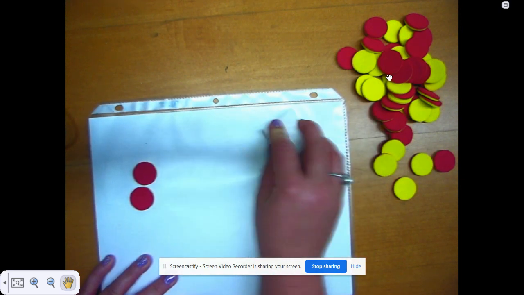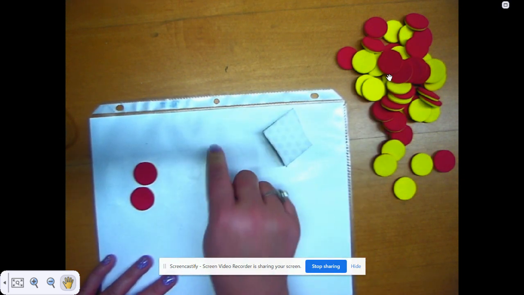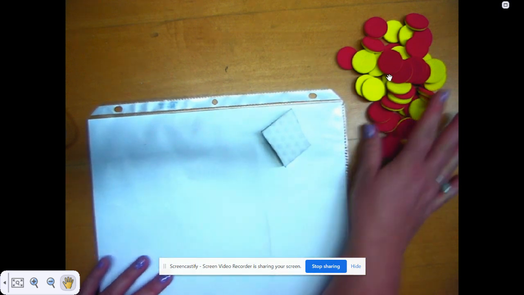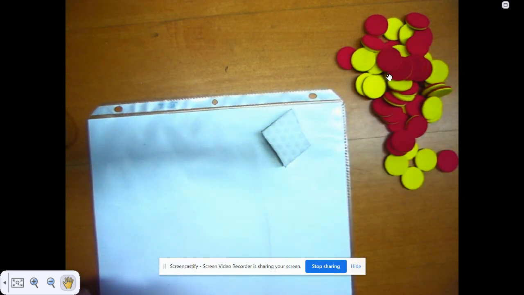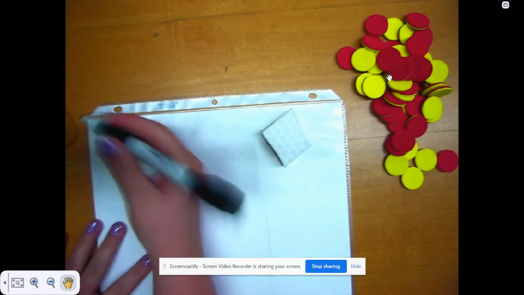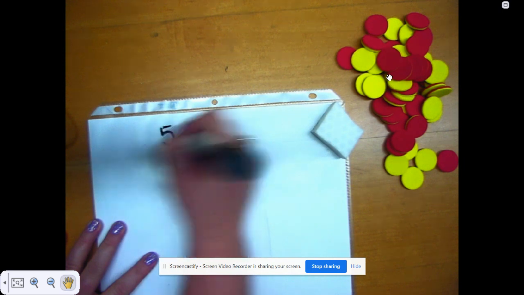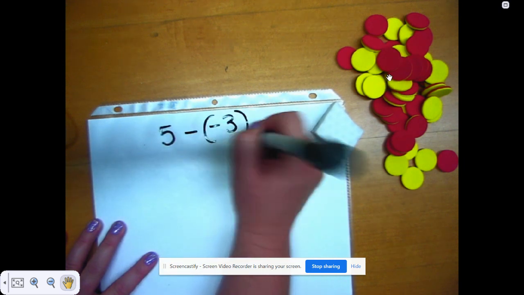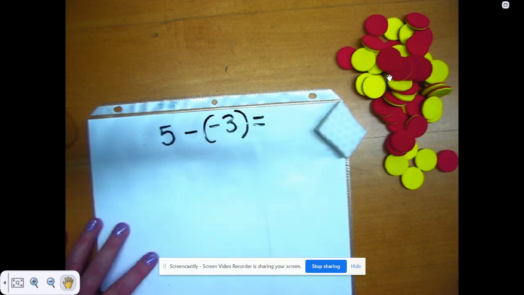The main thing is thinking about what is it saying and what kind of counters do I need. So let's do one that's a little harder. Let's do 5 minus -3. That doesn't look too hard, does it? Well, let's talk about what this really says.